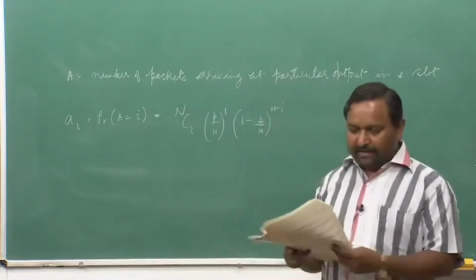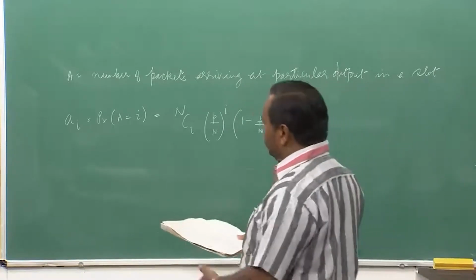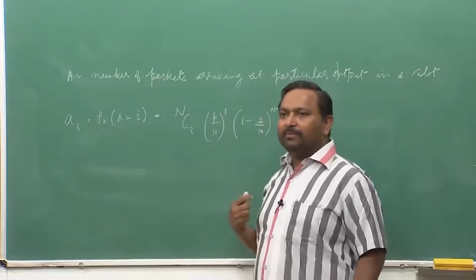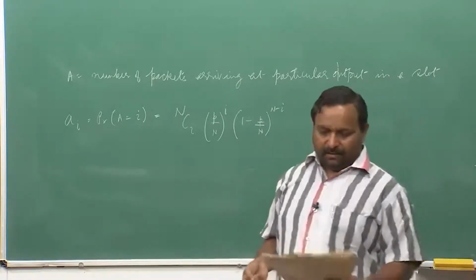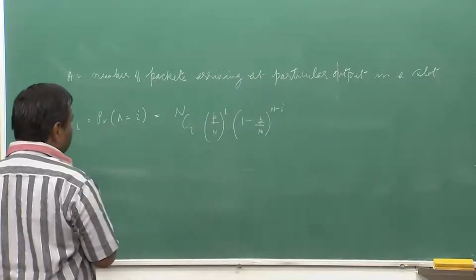So, that will be the Ai. Once I have this probability distribution, which is a discrete probability distribution where i can take values from 0 to n, I can find out the probability generating function of this.